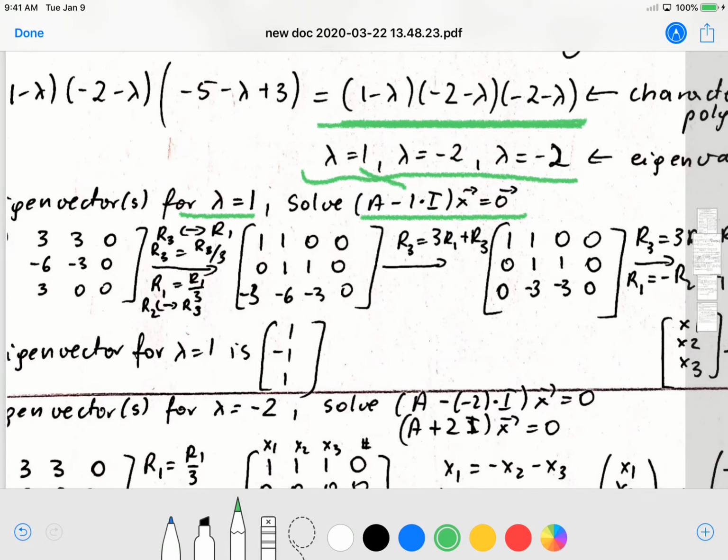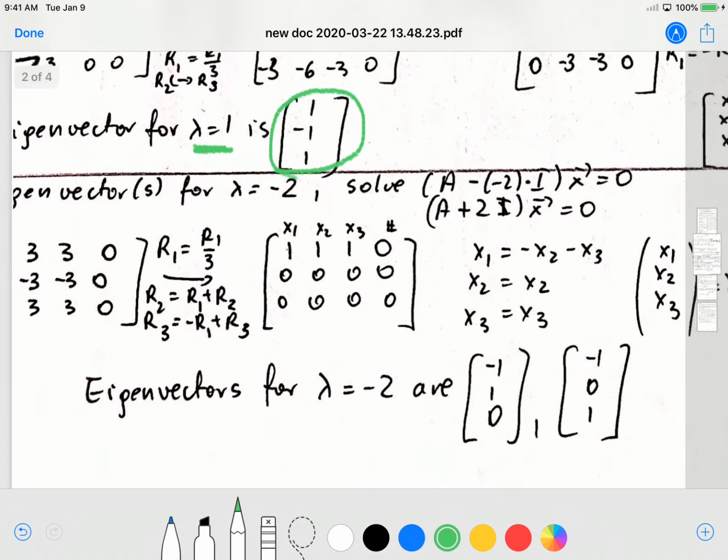And we would have 0 first here, then we have minus 3, minus 3, and then we would have 3 on this one, right? Okay, and then we would perform the row operation, and if you solve the system, you get the eigenvector right here. So this is the eigenvector corresponding to lambda equal to 1.